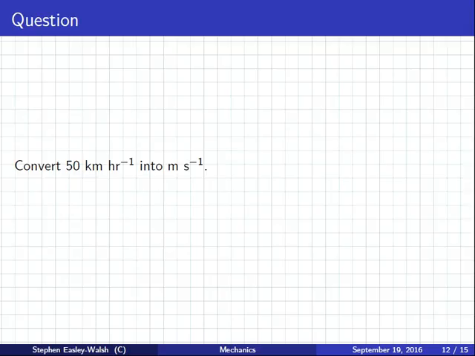Now, I'm sure there were many ways you saw how to convert units in high school. Probably most of you saw the wrong way to convert them. The way I'm going to show you is the way I would like you to try and do them in class and in the exam. And trust me, it's better for you this way.